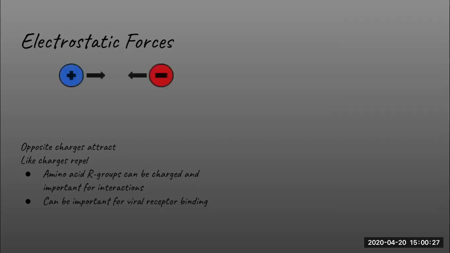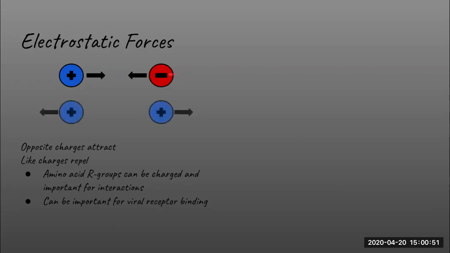To review what that looks like here, we have two opposite charges, and the force of particle A, this charged particle, exerts an attractive force on this particle towards this way, and the same is true of the opposite. The force exerted by this charged particle is in this direction towards it.